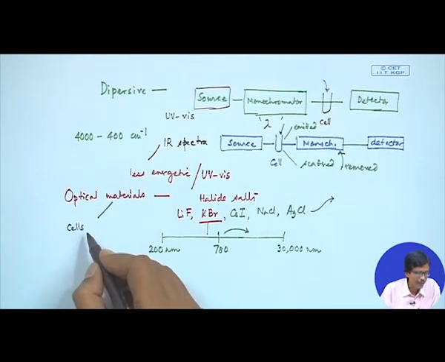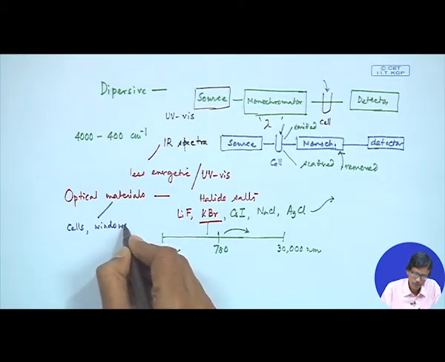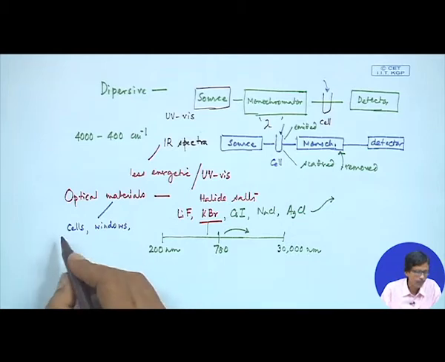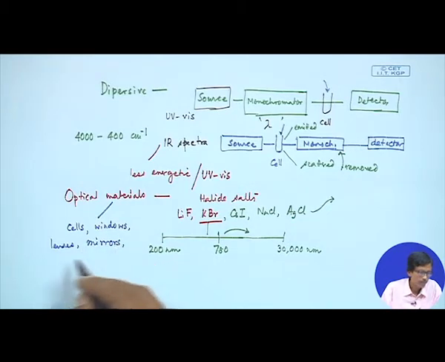So, making the cells, and then windows of the spectrometer, then lenses, mirrors, and the wavelength selector.